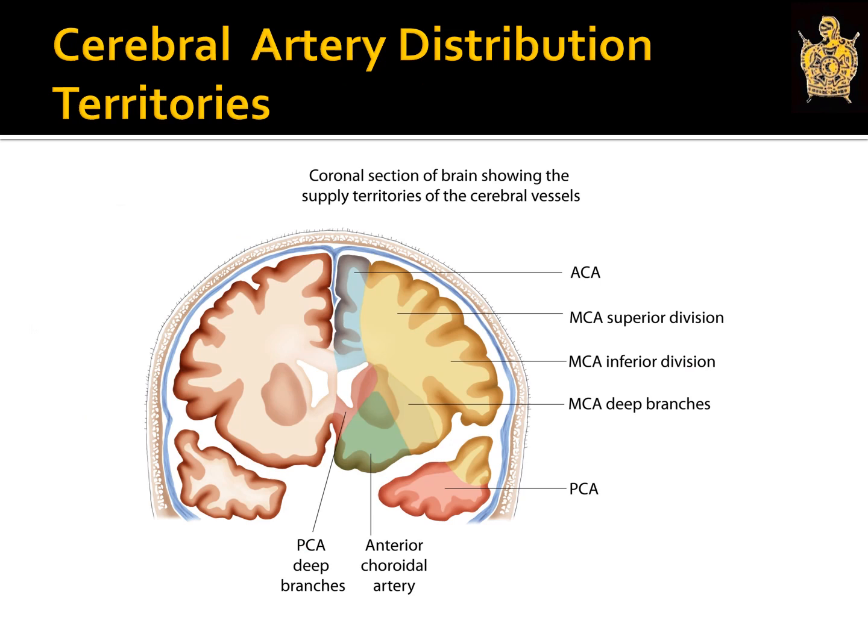The demarcation of the perfusion distribution of the middle cerebral artery shows the deep arteries in the middle part or the dorsal part, and the cortical arteries in the ventral part.